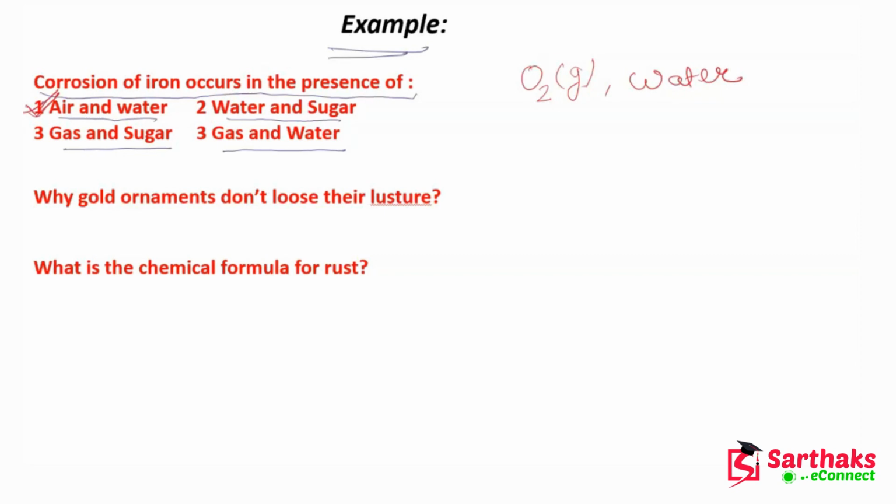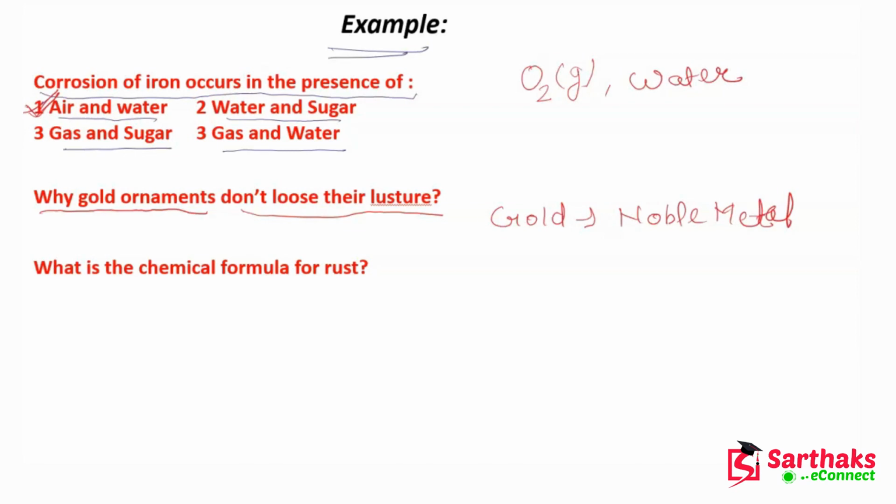Now guys, let's talk about the second question. Why gold ornaments don't lose their luster? So basically, we all know that gold is a noble metal. It is a noble metal, so it doesn't react with other elements easily.